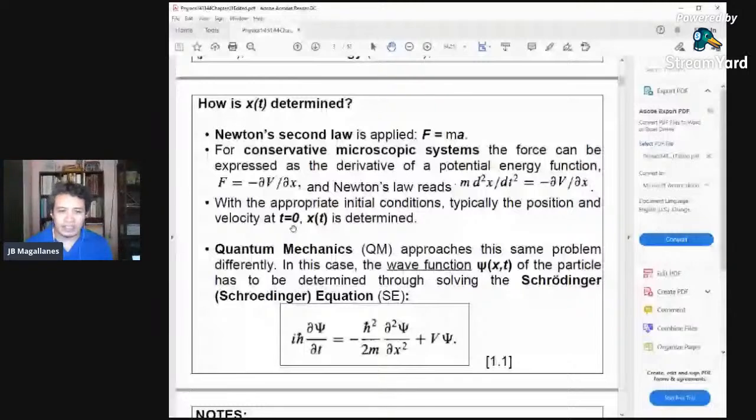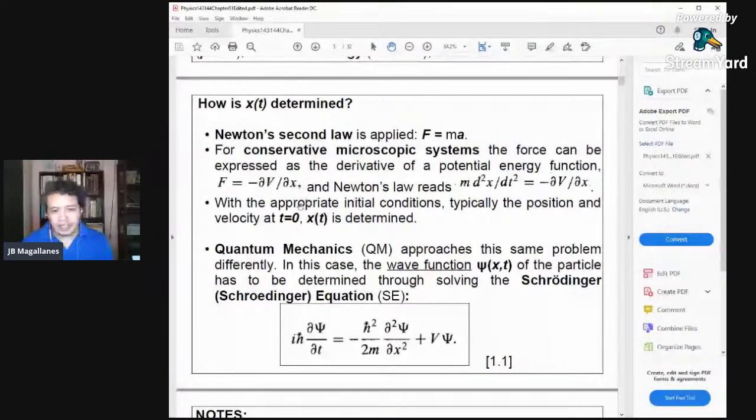So that's your t0, and the state variables would have to be defined at that time. Those are the initial conditions of your experiment, and then you can determine the variables, in this case the position at a later time t.